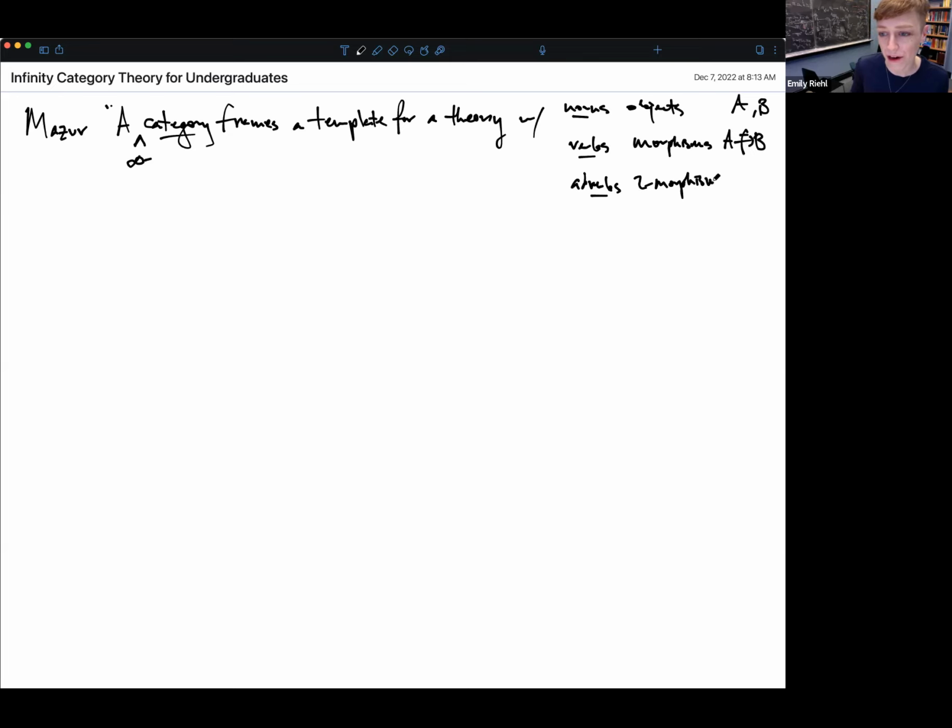So the ordinary morphisms in a category might now be called one morphisms. And a picture of a two-dimensional morphism is something like this. It's a transformation between a parallel pair of one-dimensional morphisms. Now, the infinity refers to the fact that this process goes all the way up. So after the two-dimensional morphisms, there are three-dimensional morphisms between parallel two-dimensional morphisms, and so on and so forth.